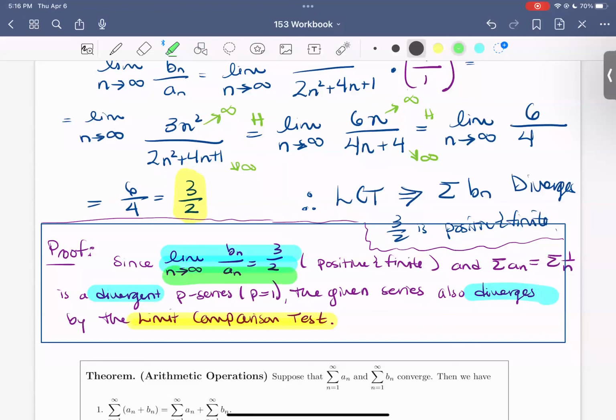We need to provide the limit of the ratios. We need to know the convergence of that a_n series and conclude why it diverges. So giving all of that background, that justification for every piece of our proof. All right, looks good. Awesome.